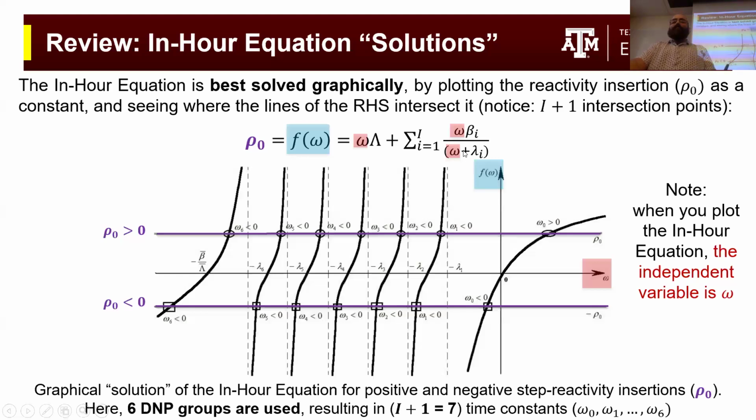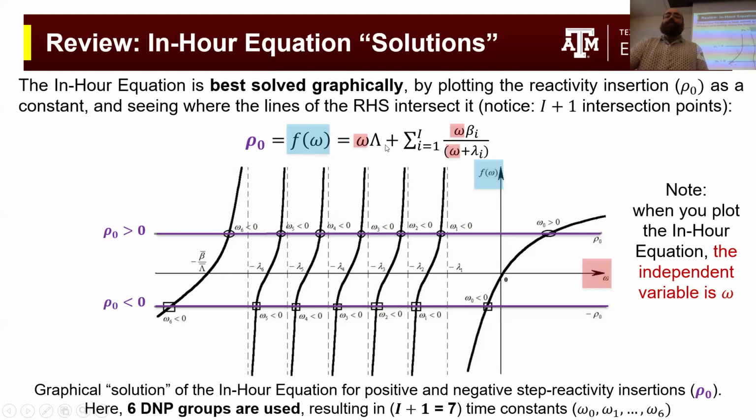The right-hand side of the n-hour equation is a function of omega. Notice that all of these terms are just functions of omega, because big lambda, bi, and lambda I are just constants. So you would know those constants, and then you could plot the right-hand side as a function of x, where the input variable x represents omega, the time constant.